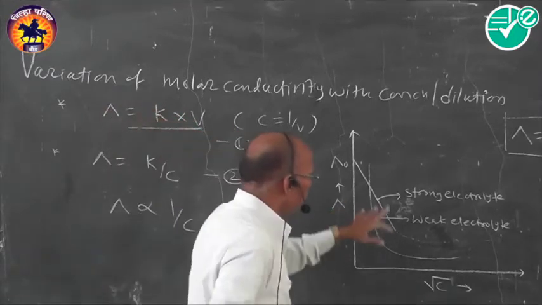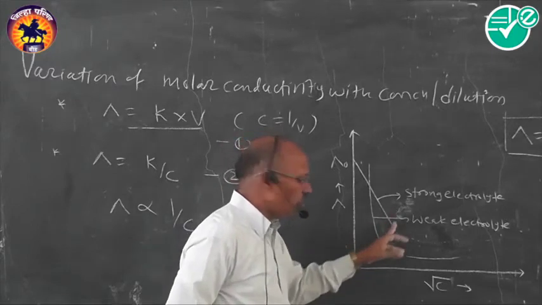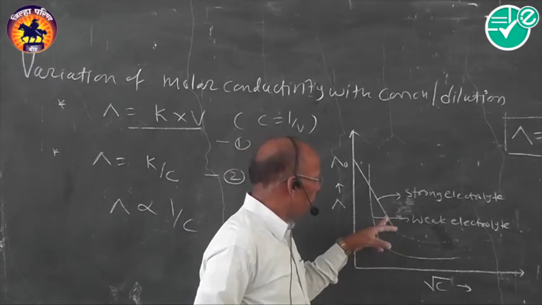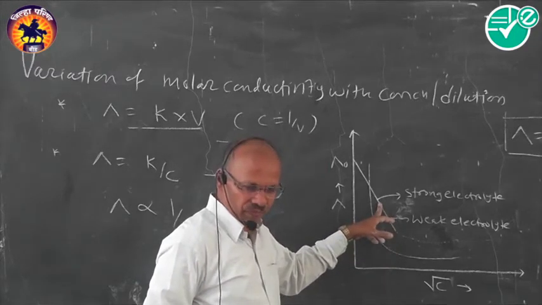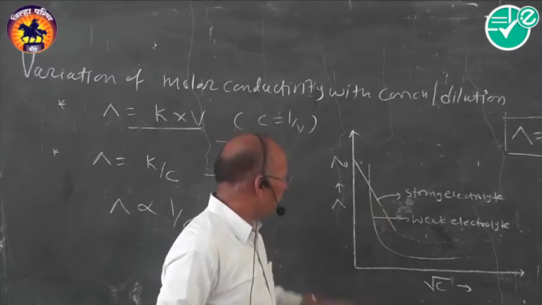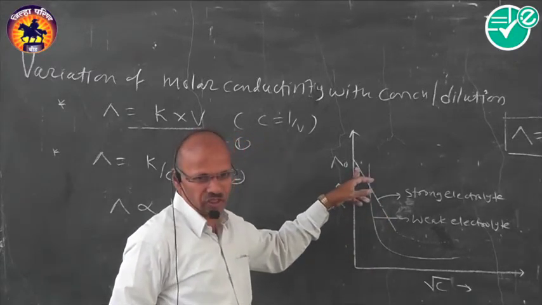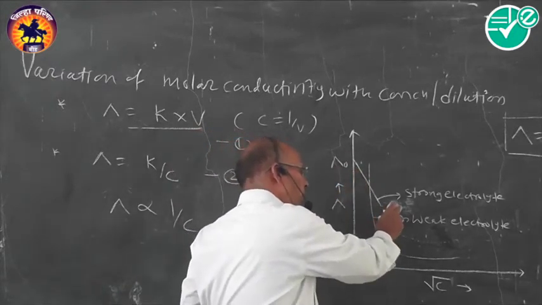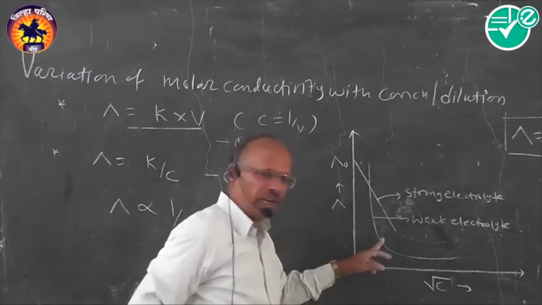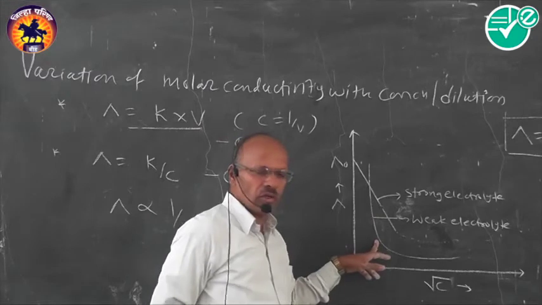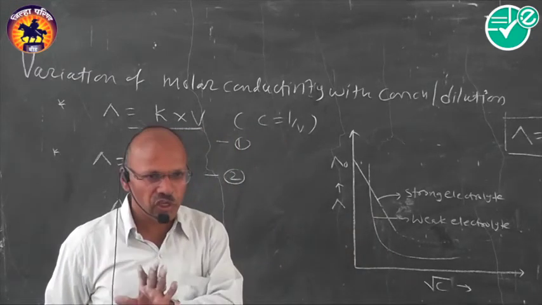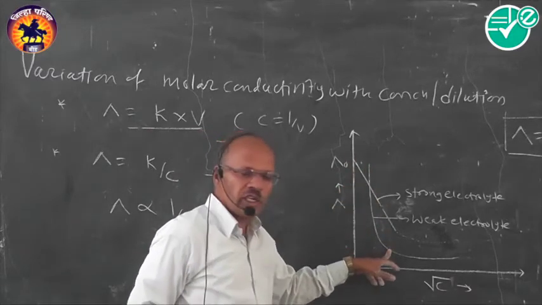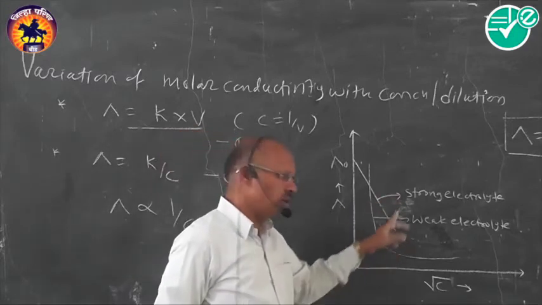In this case, we clearly see that these two curves show a difference. At first, if you observe the curve for the strong electrolyte, it intersects with the y-axis. Therefore, if we compare it with the curve for the weak electrolyte, remember that the weak electrolyte curve doesn't show intersection with the y-axis. The weak electrolyte curve does not intersect the y-axis. That is the main difference between these two.